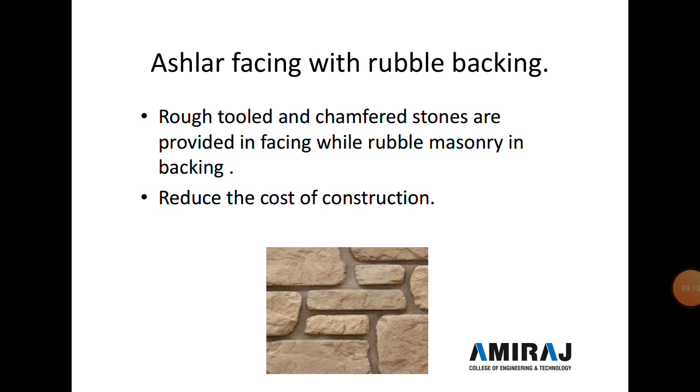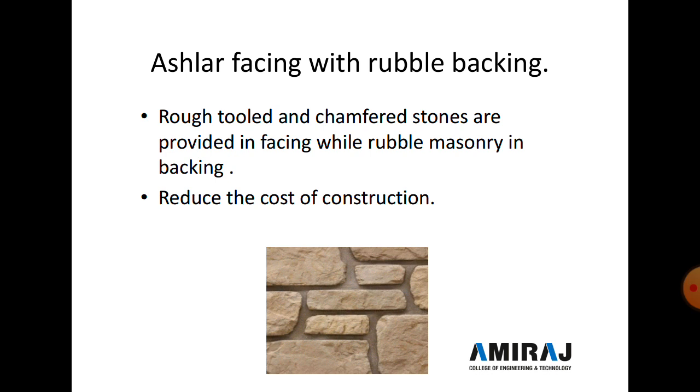Now in the next lecture we will discuss the hollow concrete block. In it we discuss the size of the block, then the advantages of the hollow concrete block, the area of application, the construction method or methodology of hollow concrete blocks, the situations where hollow concrete masonry is used, and the tools and plants used for hollow concrete blocks.